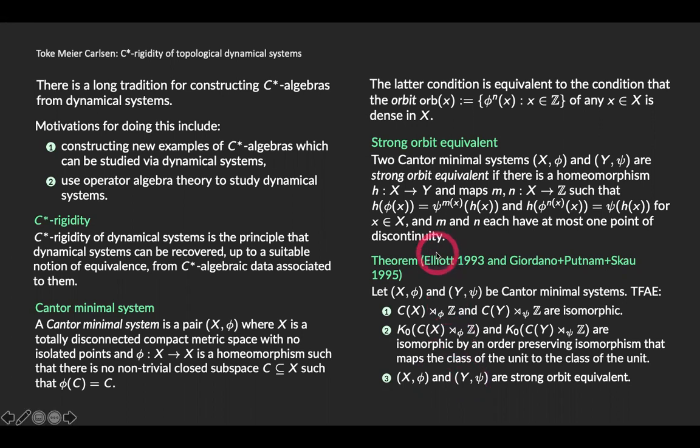I've written George Elliott's name here, because the equivalence of 1 and 2 actually follows from a classification result that George proved in '93. But Giordano, Putnam, and Skau proved this theorem without using that classification result.